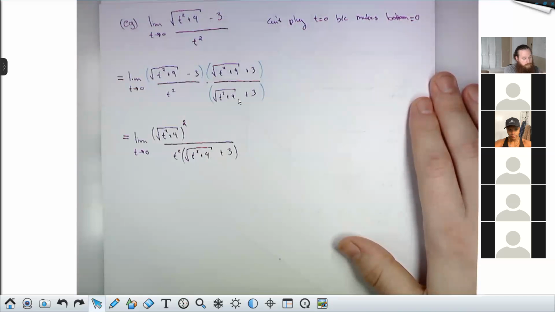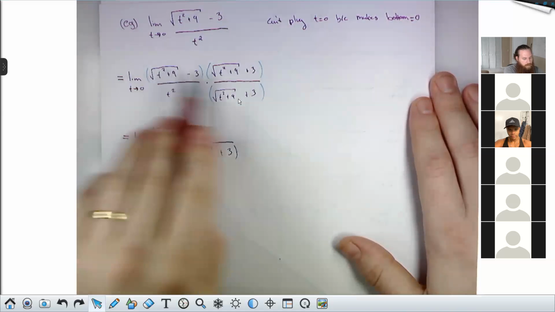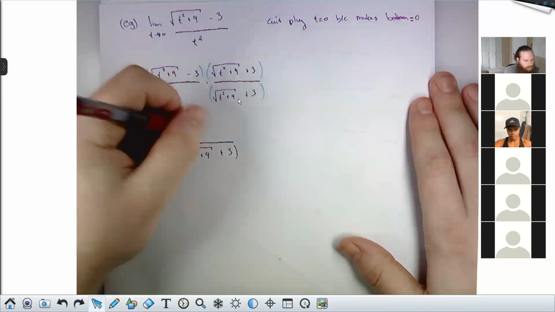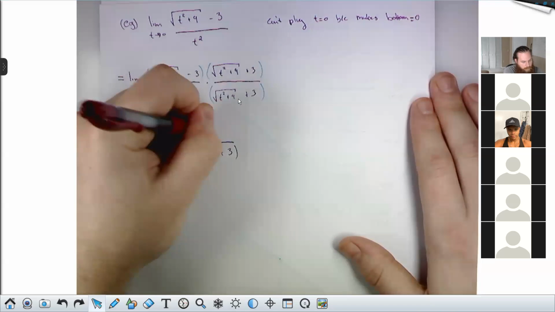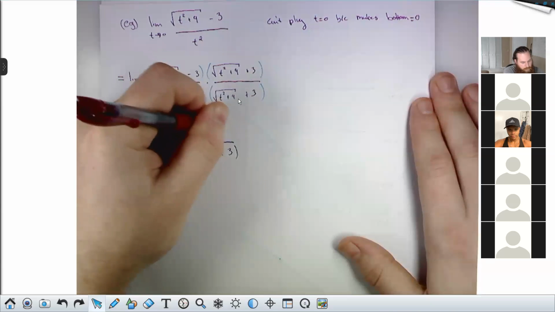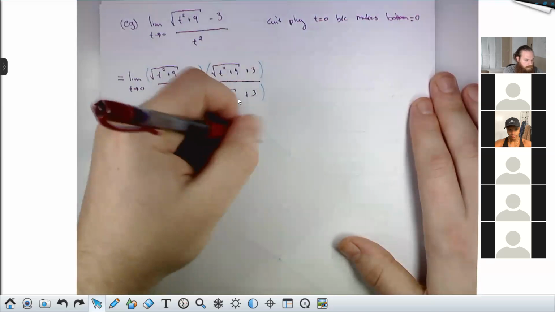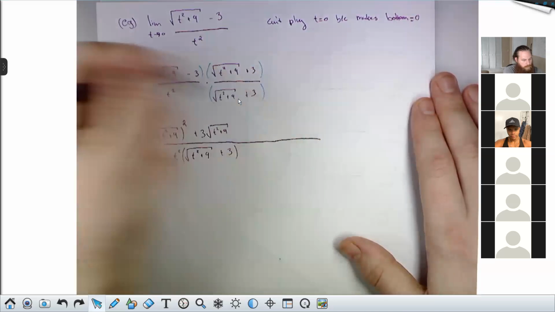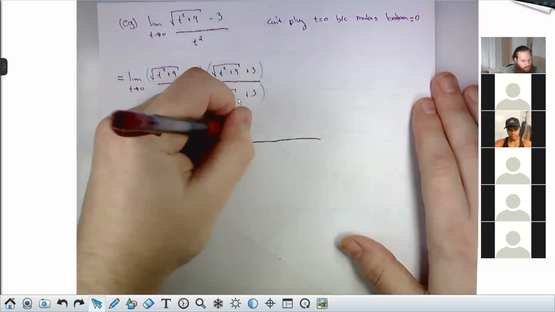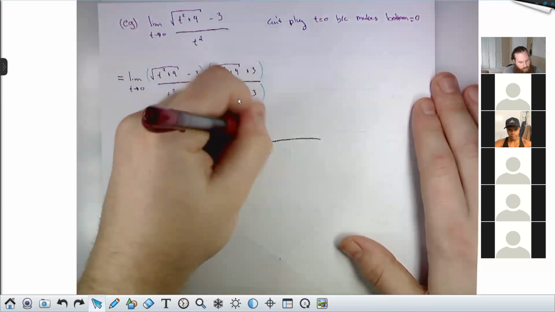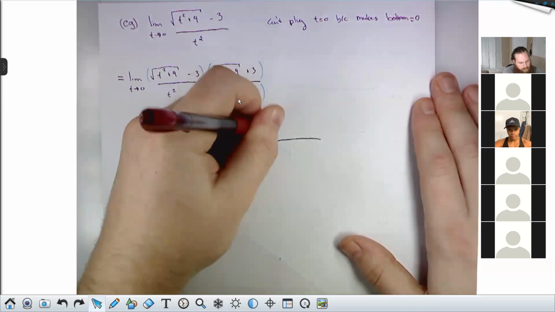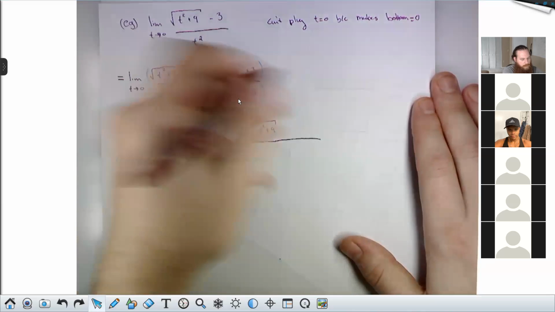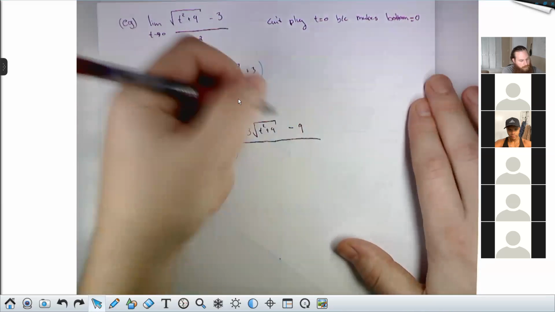That's my firsts, right? Root t squared plus 9 times root t squared plus 9. My outers are plus 3 times the square root of t squared plus 9. And I need more space here. My inners are minus 3 times root t squared plus 9. And my lasts are negative 3 times positive 3, that's minus 9.